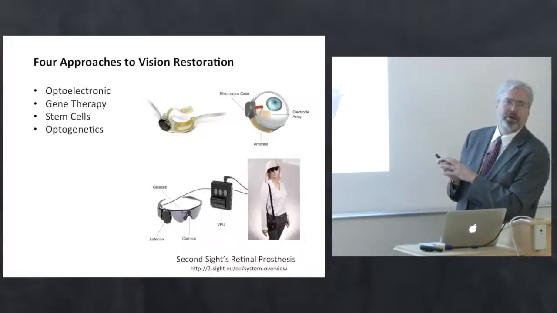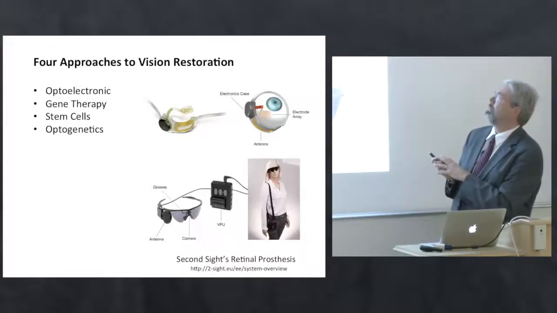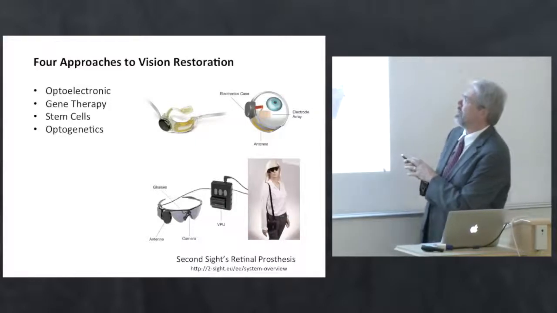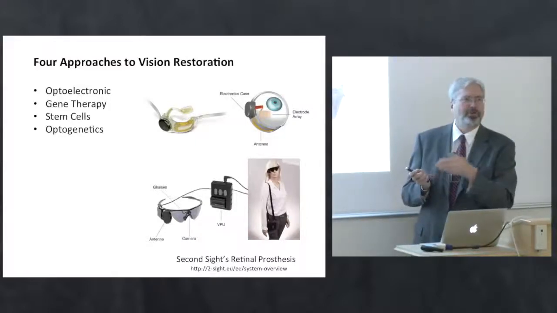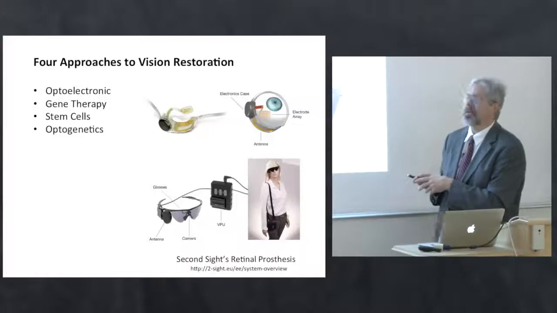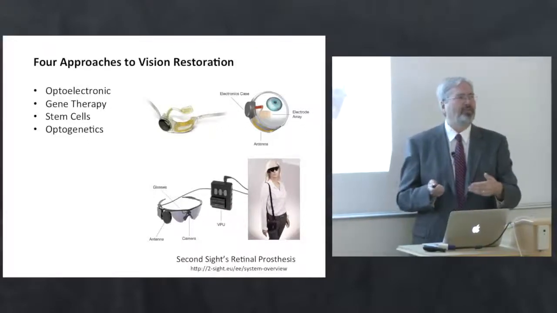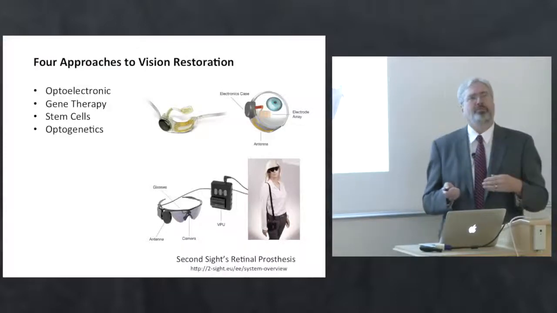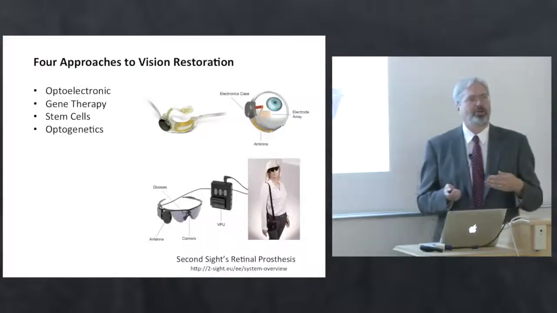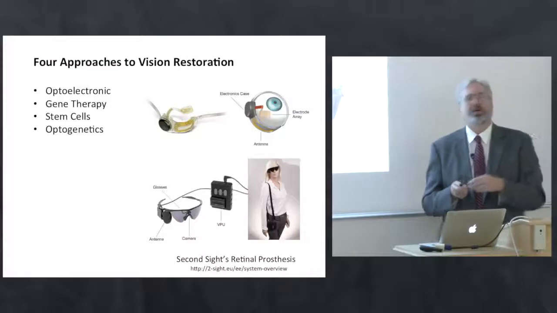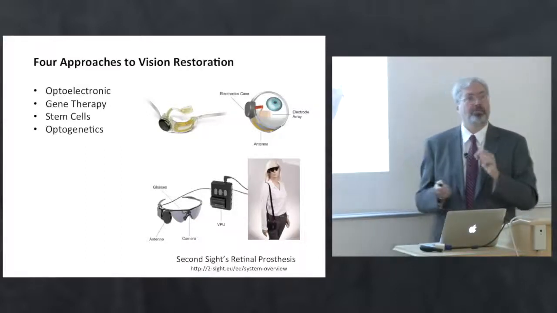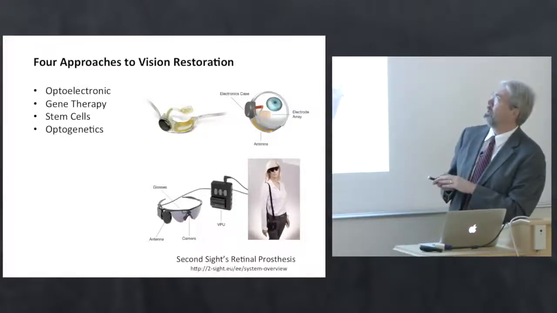It requires a camera external to the eye, and it requires a difficult surgery to implant an array of electrodes into the retina. It depends on the continued efficacy of those electrodes over time, and experiments of this kind are notorious for loss of connectivity between the electrode and the neurons you're trying to stimulate over time.